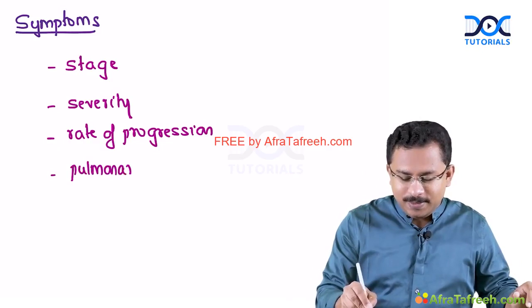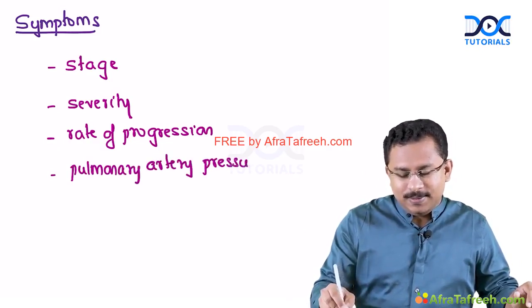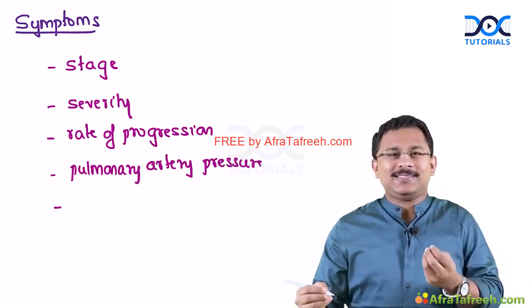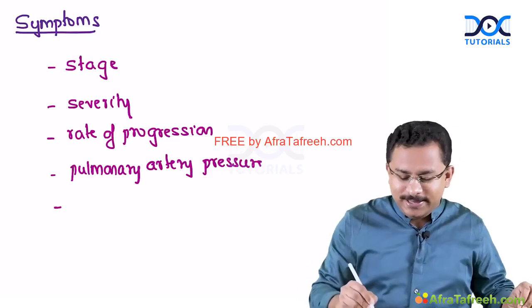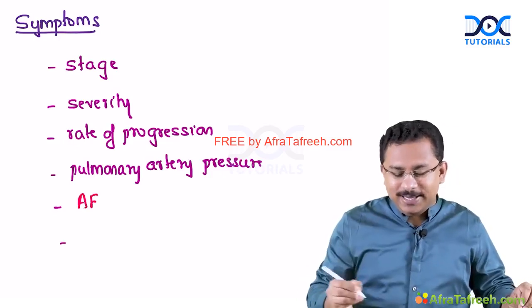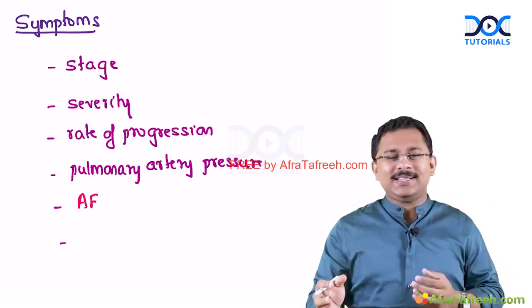The other factors on which the symptoms will depend are the pulmonary artery pressure. It will also depend on the presence of arrhythmias, because I told you already that you can have certain arrhythmias like atrial fibrillation, which can develop in the context of mitral regurgitation.